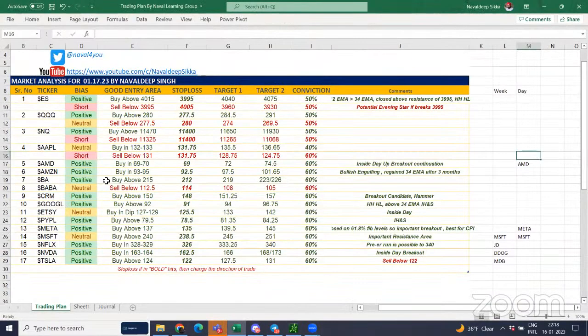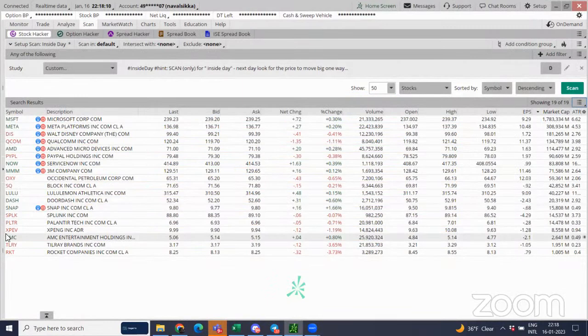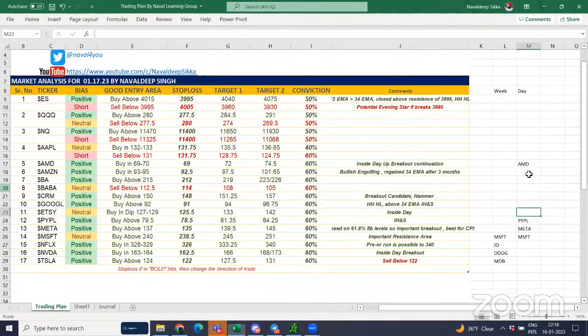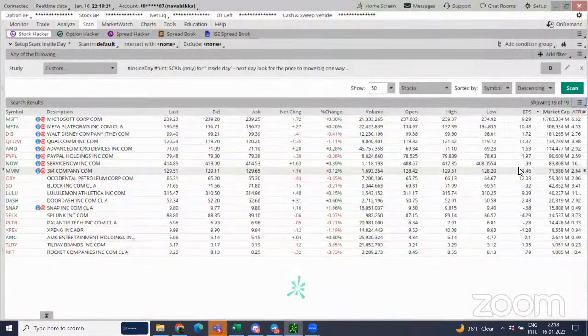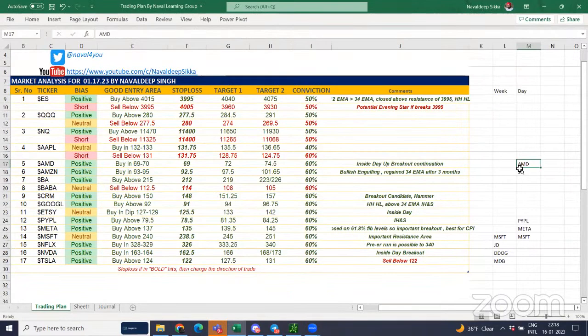PayPal is inside day from my list. Then Square, I was looking at Square. Yes, so these are my few picks which I want to cover for tomorrow.